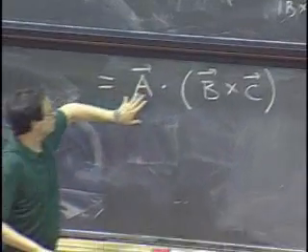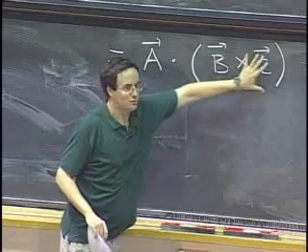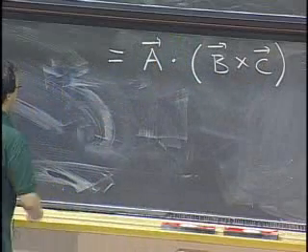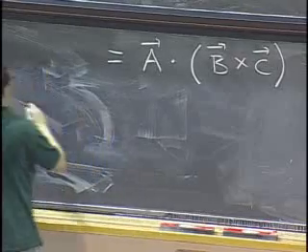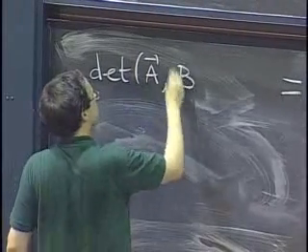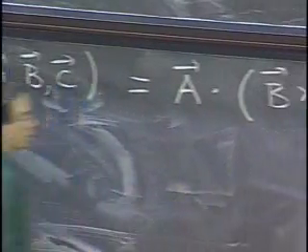If I do it the other way around, A dot B, I get a number. I cannot cross that. So I really have to do the cross product first. I get a new vector, and then I dot product. OK, so the fact is that the determinant of A, B, C is equal to this so-called triple product.